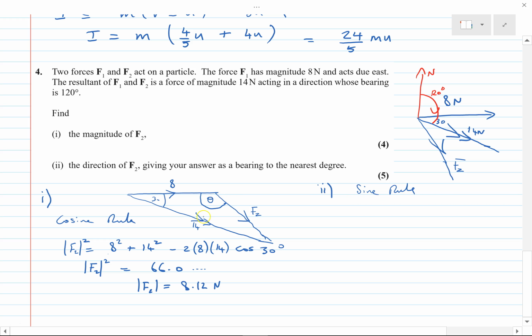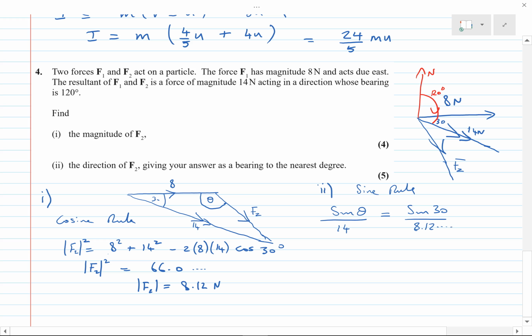We can say that sine theta over the side opposite equals sine 30 degrees over F2, which is 8.12, but as I say, I'm going to actually put in the stored number that I have on my calculator there.